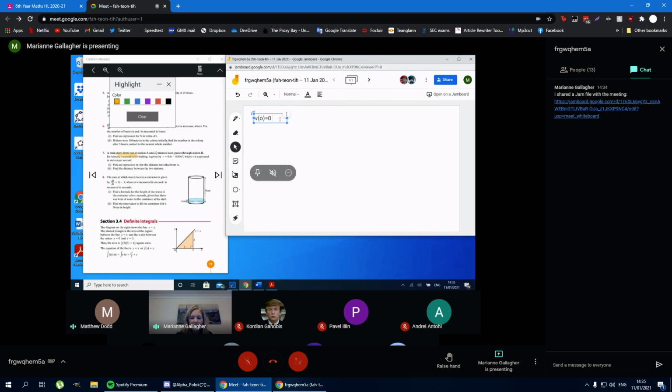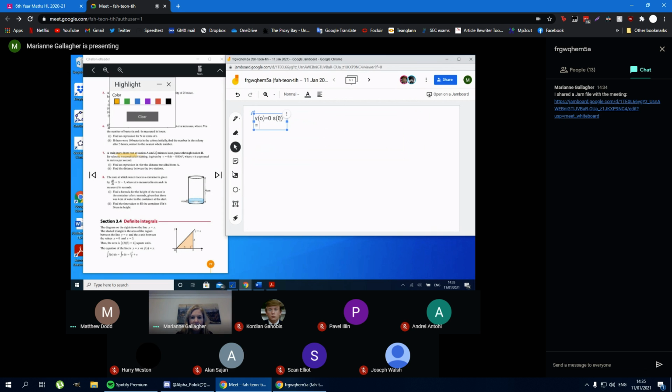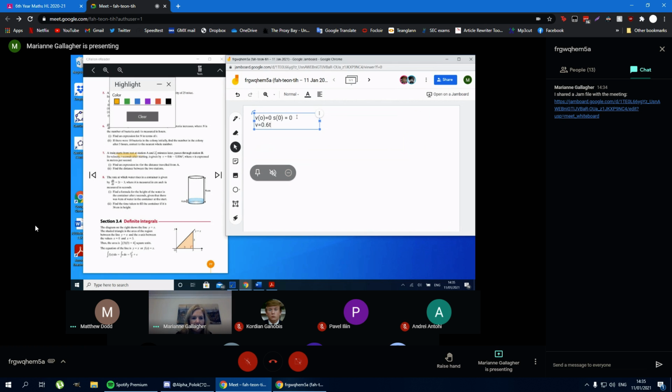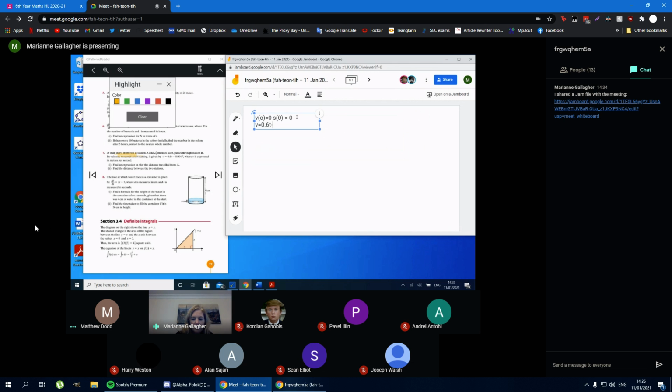And I also know that the distance at time 0, that's how I start my problem, okay? I also know that v is equal to 0.6 times t minus 0.004 t squared. I'm just going to write t2 there. I'm not going to bother with trying to find out how to square it.